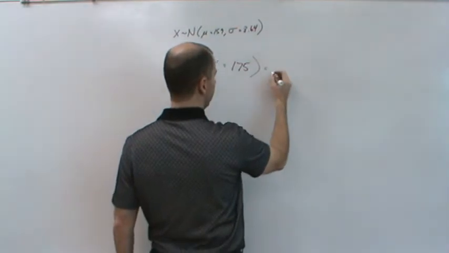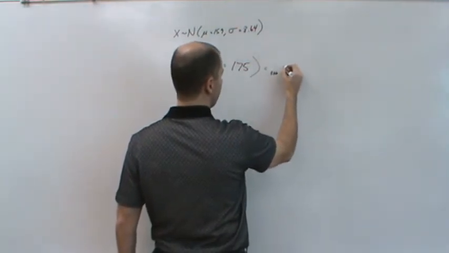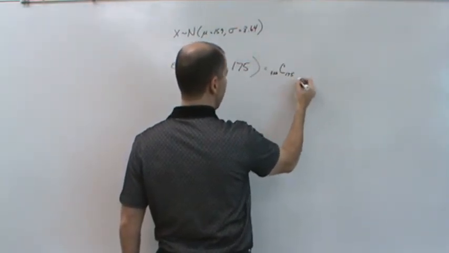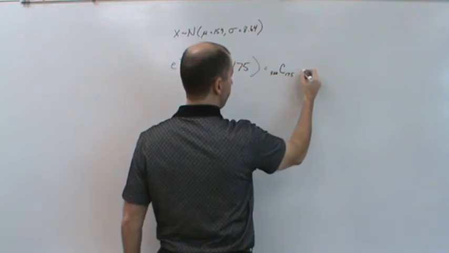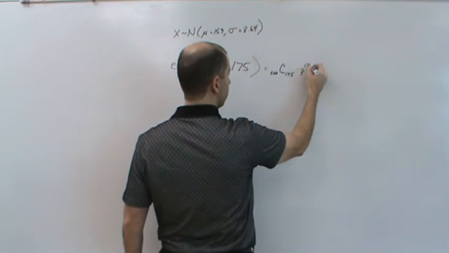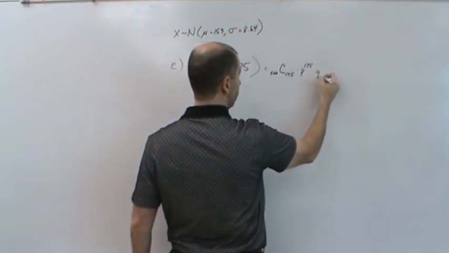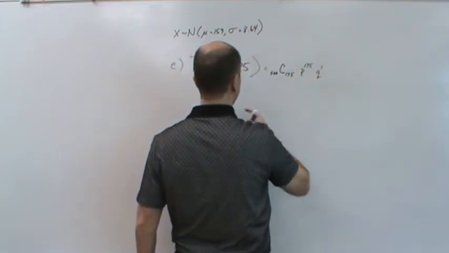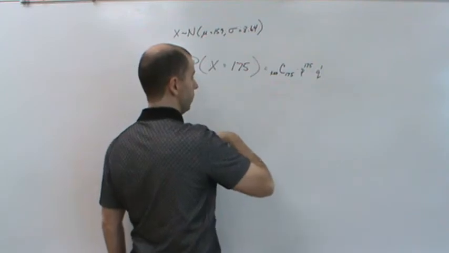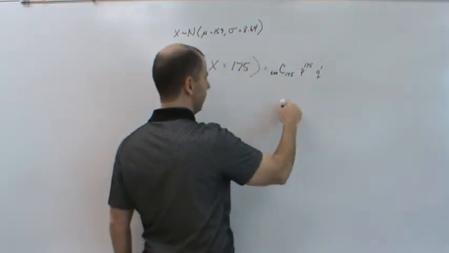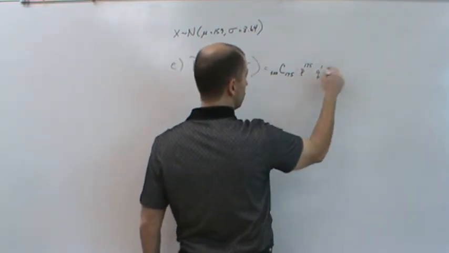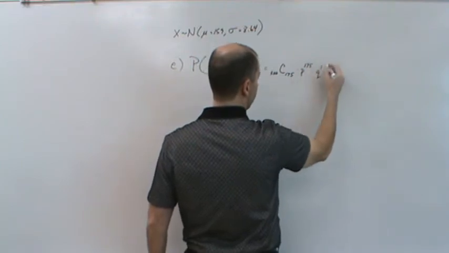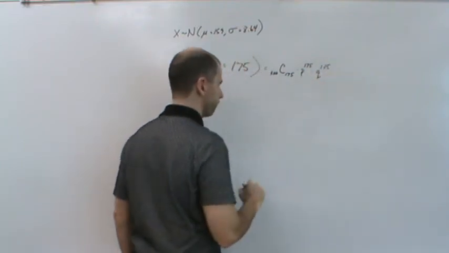So you'd have 300 C 175 times p to the 175 times q to the n minus that, which gives us 125.